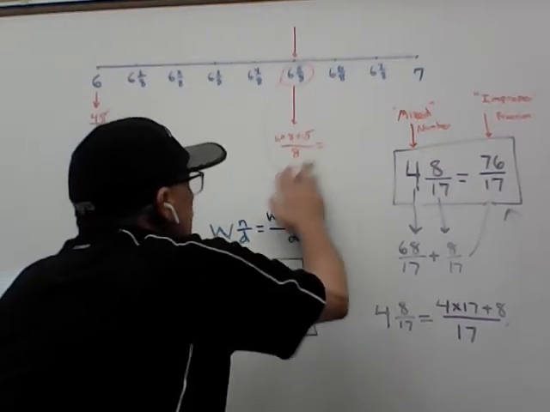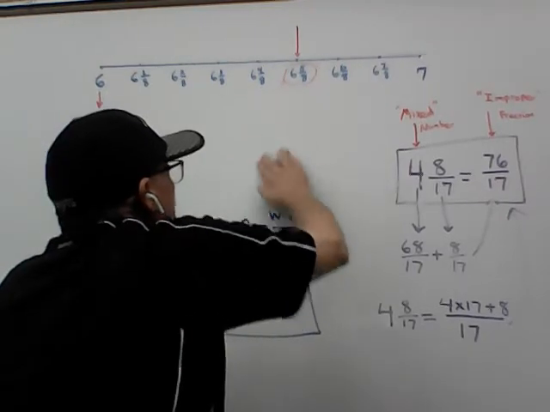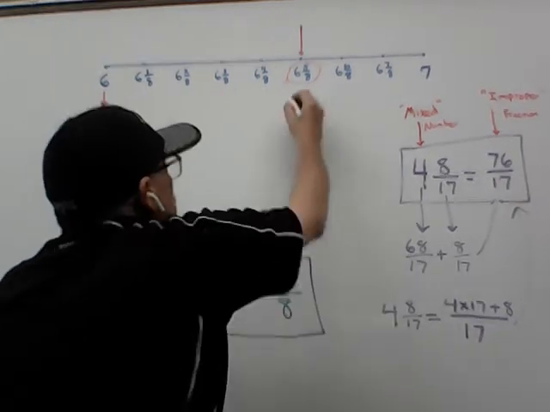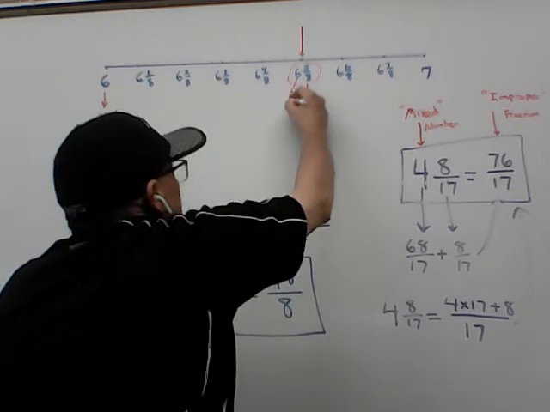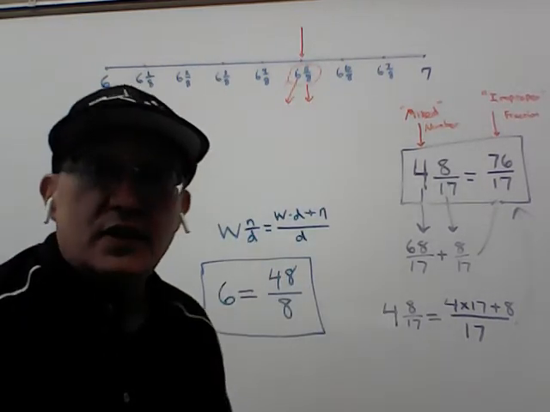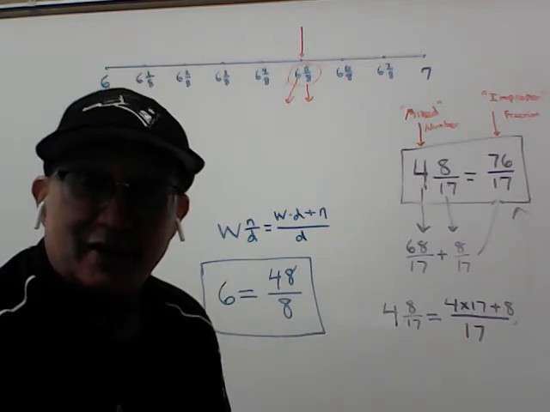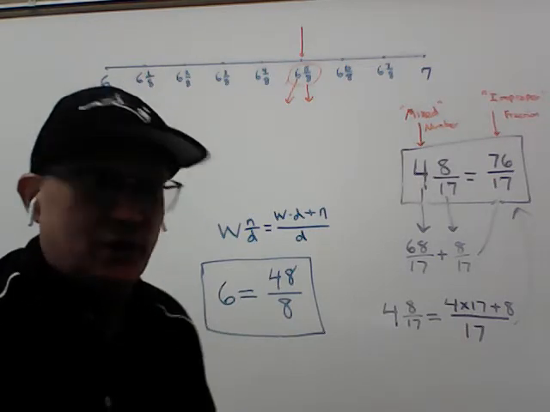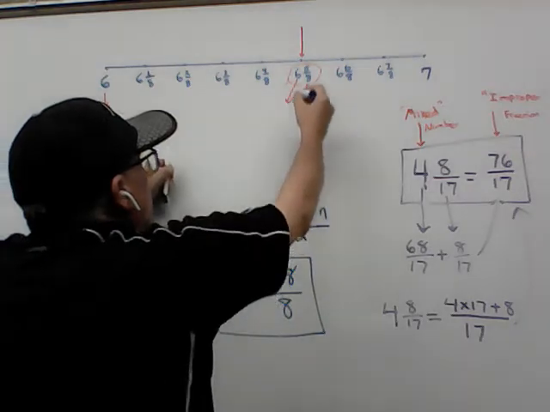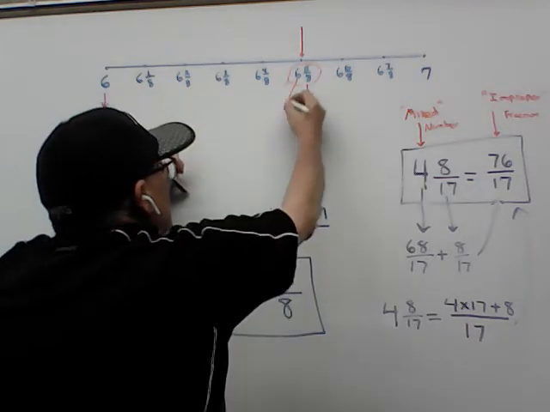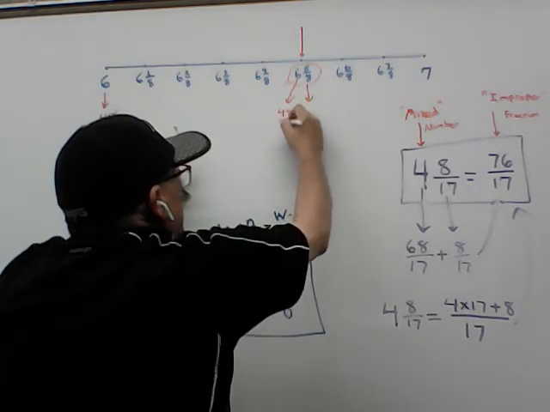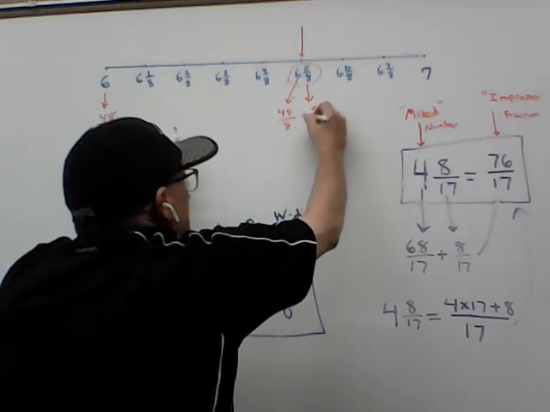Later on, when I'm not presenting it for the very first time, I'll just do something like this. And remember, with a mixed number, there's an understood plus sign between the whole number and the fraction. We say "and," which is addition. All right? So 6 and 5/8, we will say, is 48/8 plus 5/8.